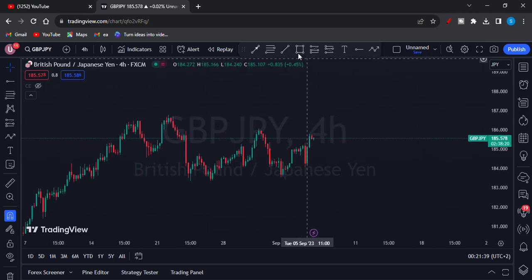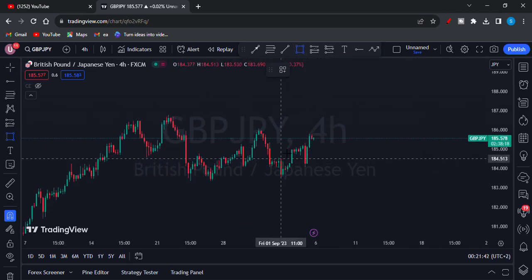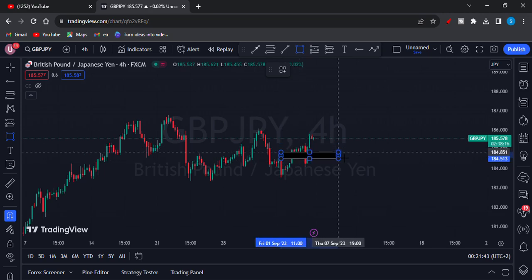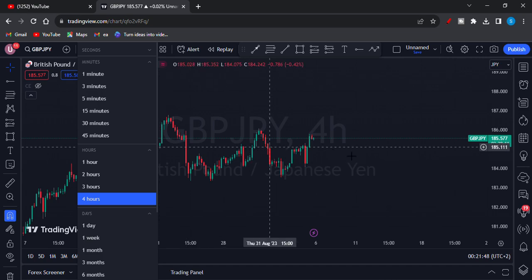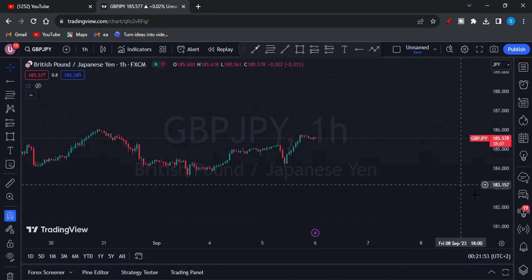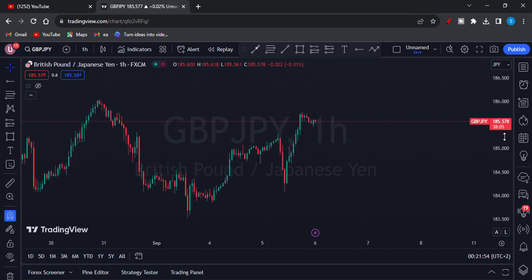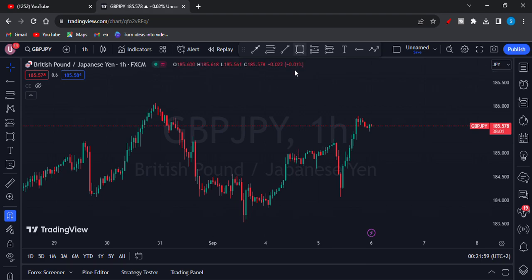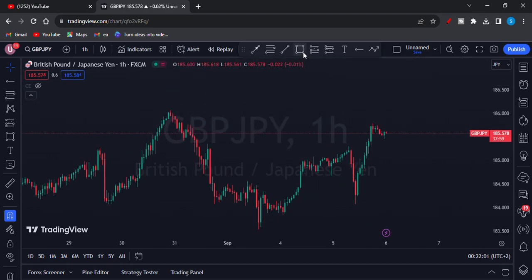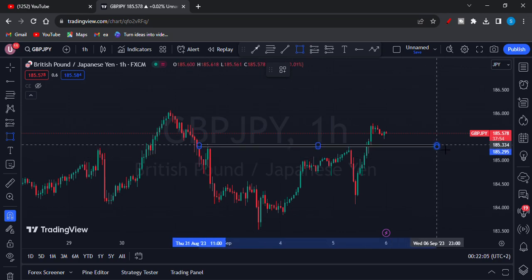Okay, so on a 4-hour we had this. In fact, let's go to hourly, because right here I don't see anything on a 4-hour. Okay, so the structure is much clearer. On an hourly we have this zone right here.